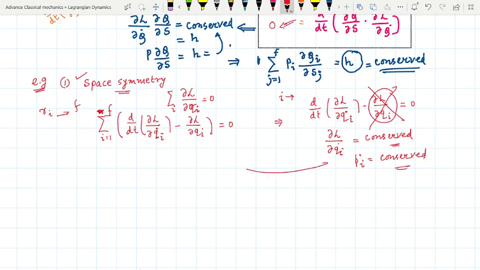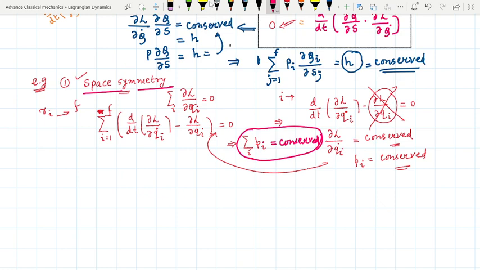If we apply this to the summation, we get sum over i of ṗ_i is 0, so the sum over p_i is conserved. So by considering the space symmetry, that is the Lagrangian is symmetric with respect to the space coordinate, we get the linear momentum to be conserved corresponding to the system.